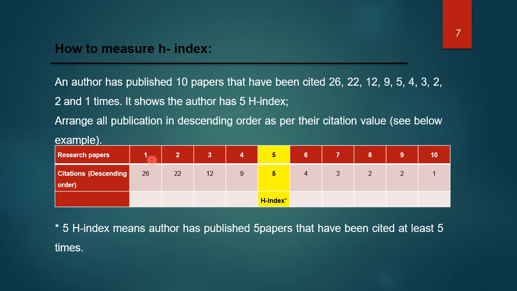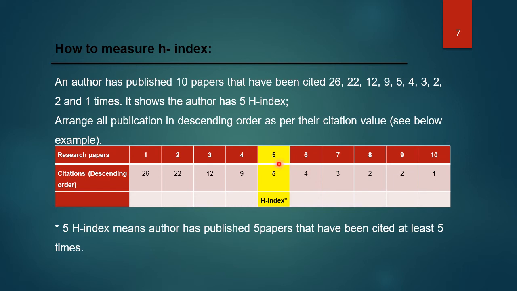The first paper has the maximum number of citations, then the second, third, fourth, fifth. So we have reached the fifth publication, which has been cited at least 5 times, whereas the sixth paper doesn't have at least 6 citations.